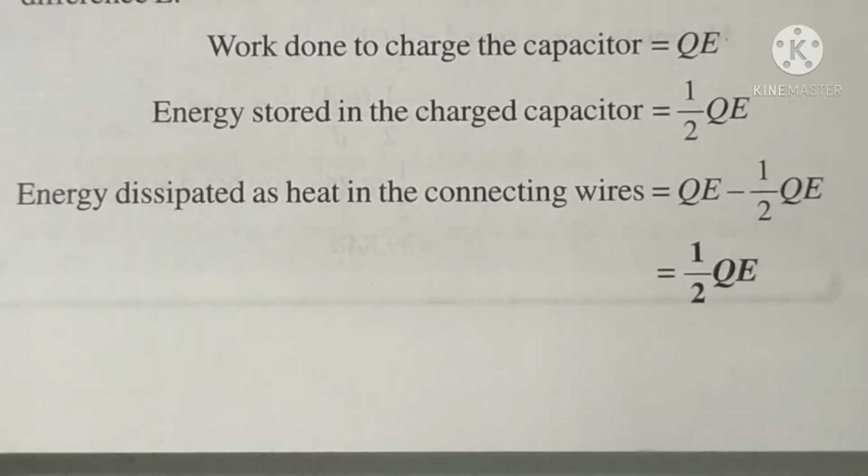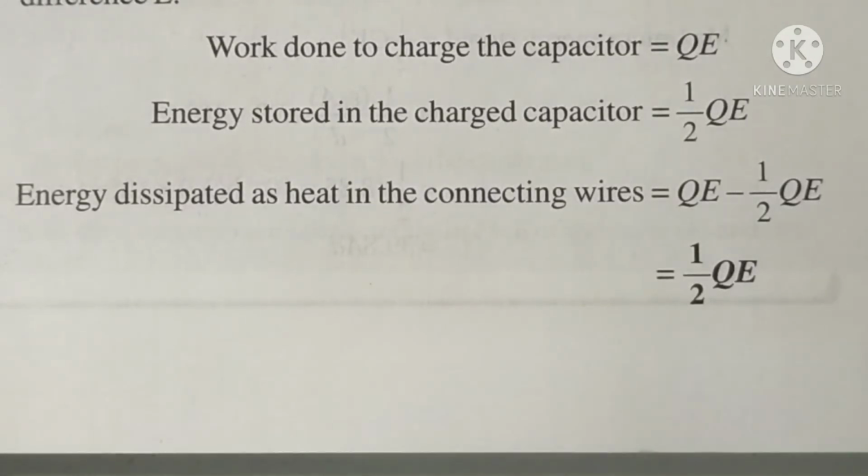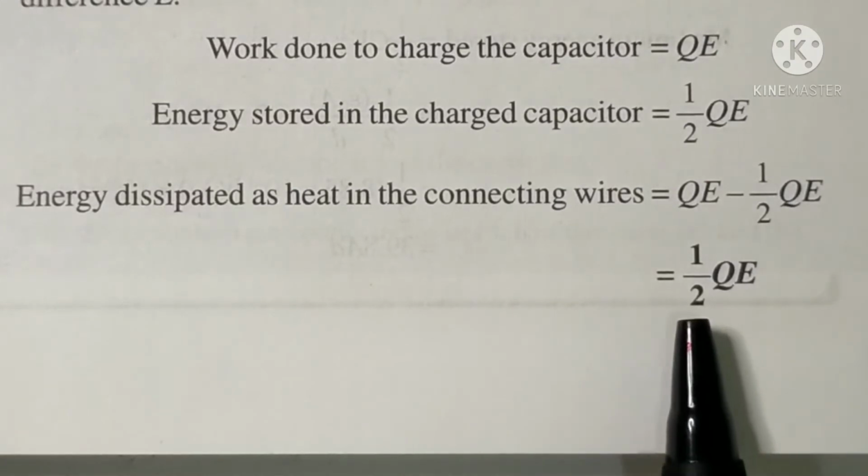Energy stored in the charged capacitor is equal to half QE. Energy dissipated as heat in the connecting wires is equal to QE minus half QE. Then you will get half QE.